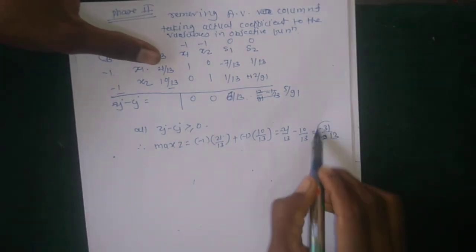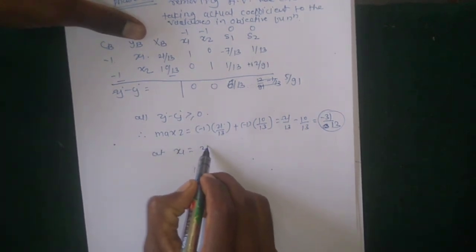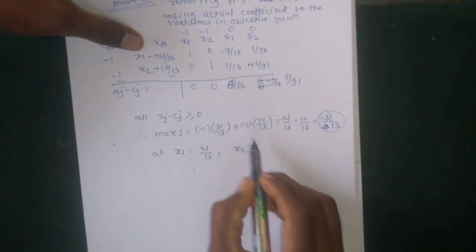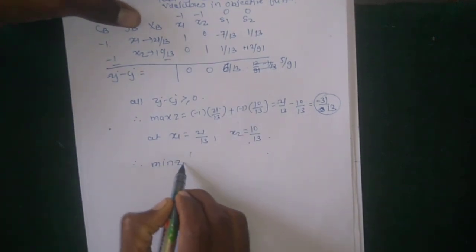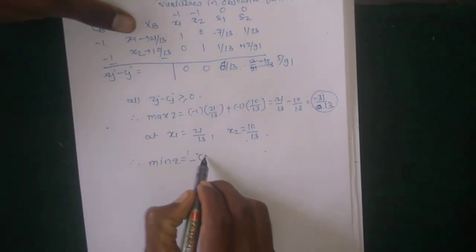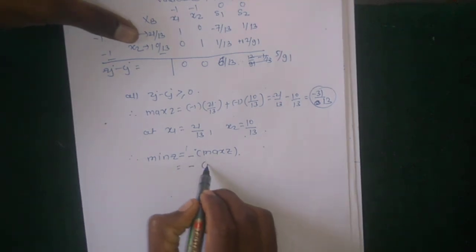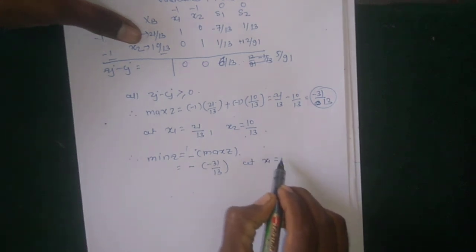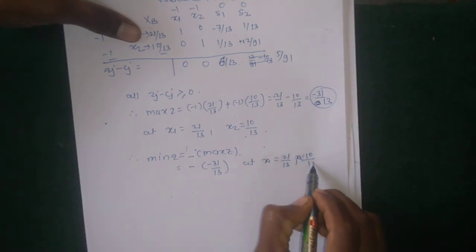Okay, this is maximum Z, and at what value? X1 is equal to 21 divided by 13, and X2 is equal to 10 divided by 13. Therefore, minimum Z, our actual objective function, is equal to minus of maximum Z, so minimum Z is equal to minus of minus 31 divided by 13 at X1 equal to 21 divided by 13 and X2 equal to 10 divided by 13.